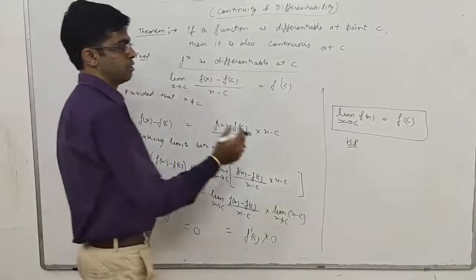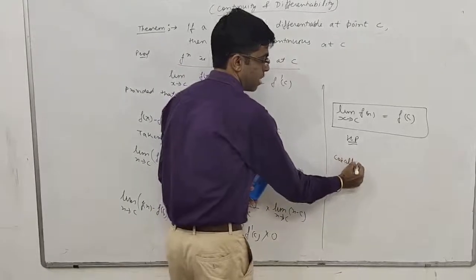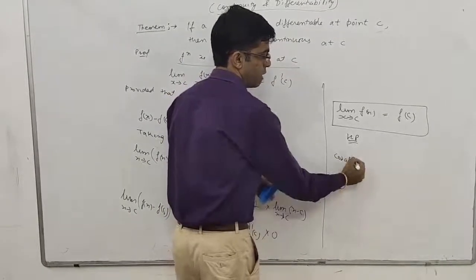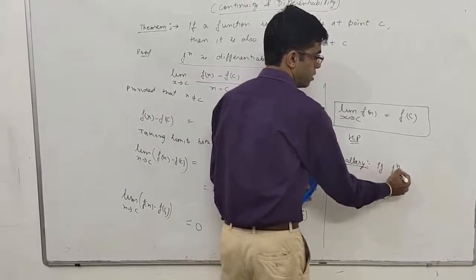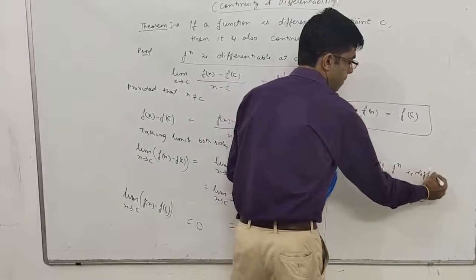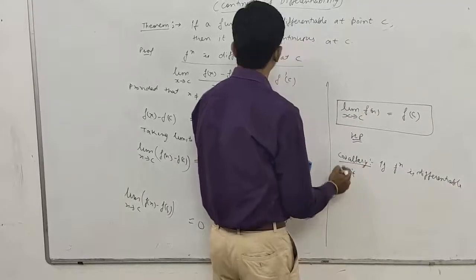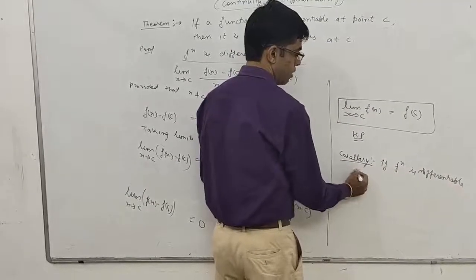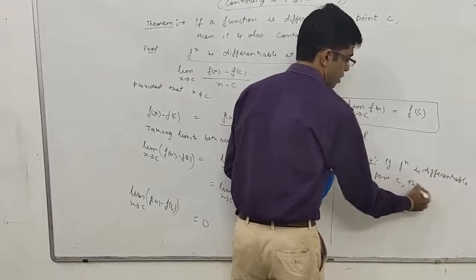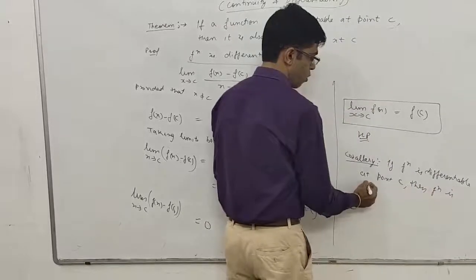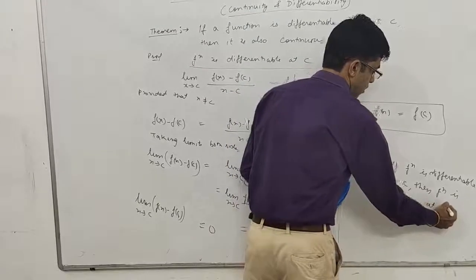Now the reverse case. So from this theorem, one thing is clear that we can write a corollary, means remarks or important point, that if the function is differentiable at point c, then the function is also continuous at point c.